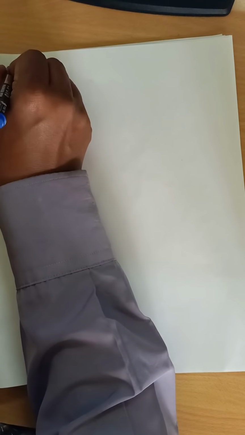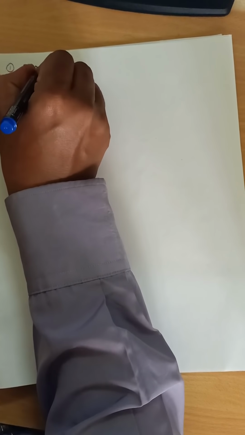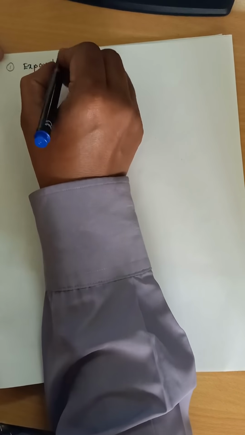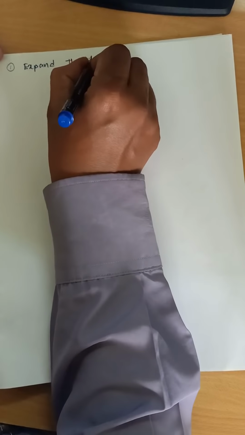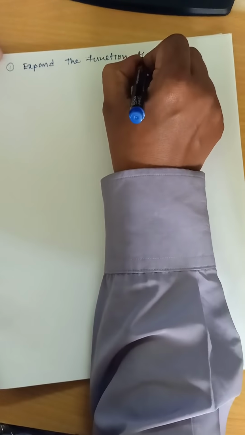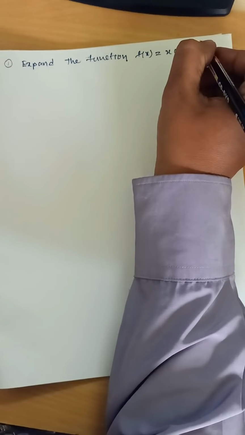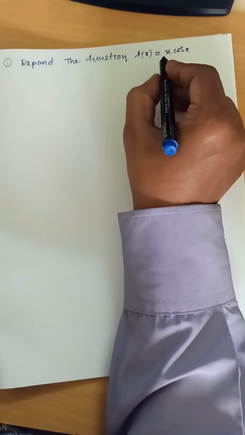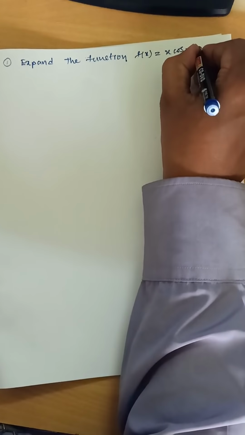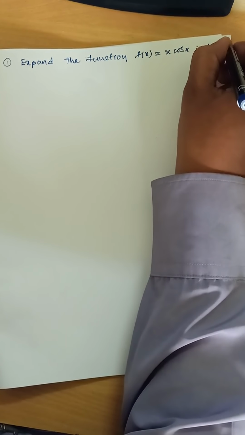Homework problem, write down: expand the function f of x is equal to x cos x. We already discussed f of x is equal to x sin x. So this problem is for homework, in minus pi comma plus pi.